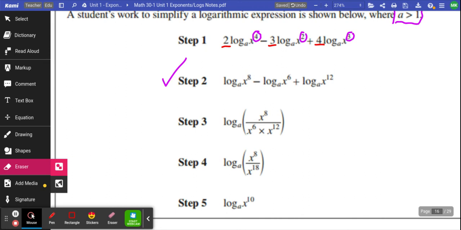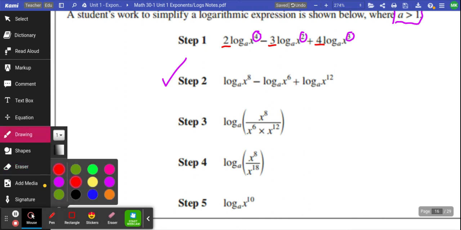If you were to combine these properly, you would have x to the 8 divided by x to the 6, and then you would be multiplying that by x to the 12. It would go to the top.